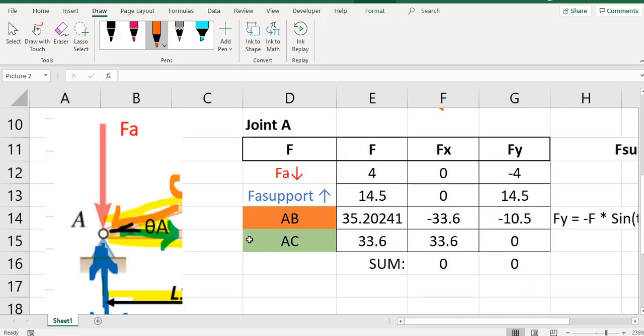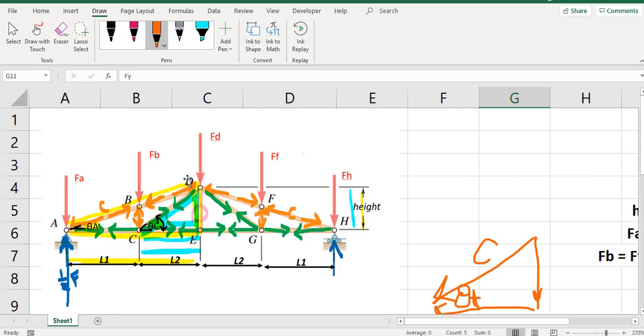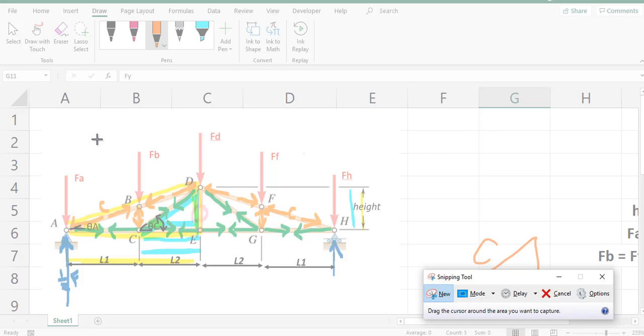I only have two equations, Fx equals 0, Fy equals 0. So I can only solve for two things, and I have three things I don't know here. If I look at what's happening at B, I know what FB is, I know what AB is now, and so for this one, I only have two unknowns. So let's go ahead and do joint B next.